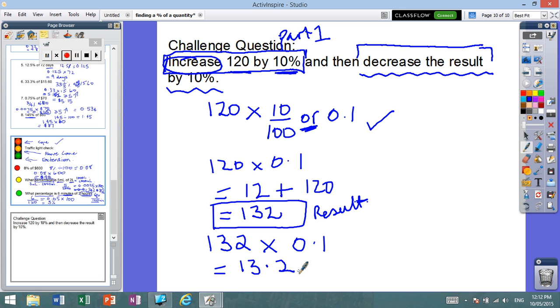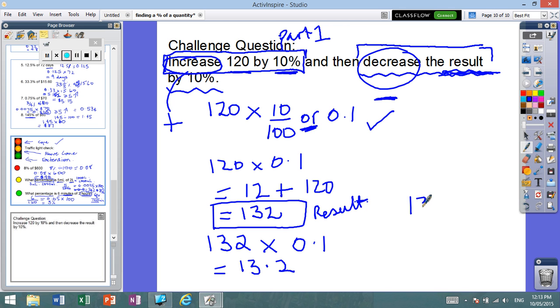Okay, and that ends up equaling, put it into your calculator, 13.2. So, because it's decrease, that means we have to take it away. Increase meant adding it on. Okay, so we need to subtract. So, what are we subtracting from? We're subtracting from the result. They tell us. Decrease from the result. Here is our result. We named it before.